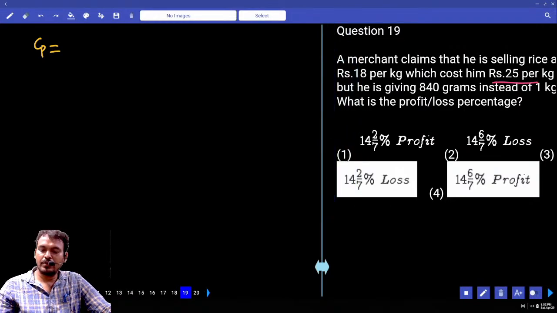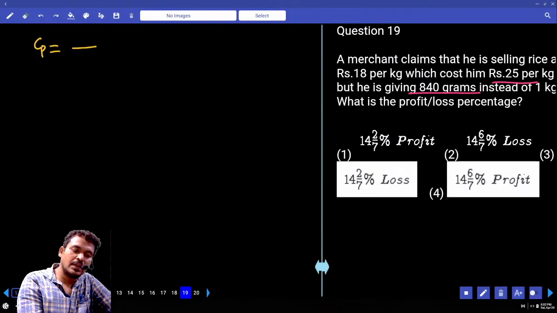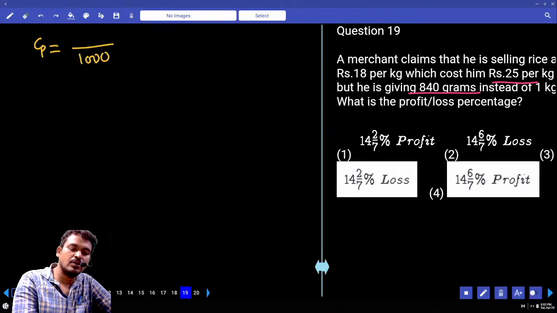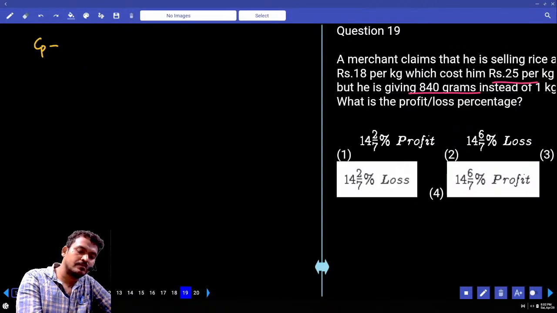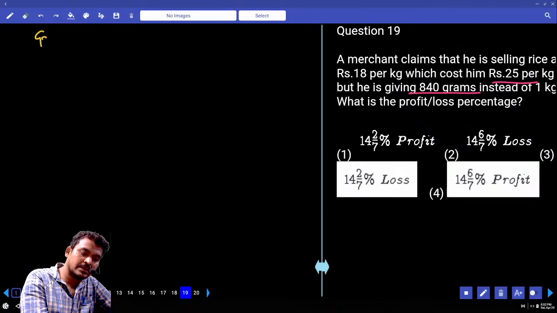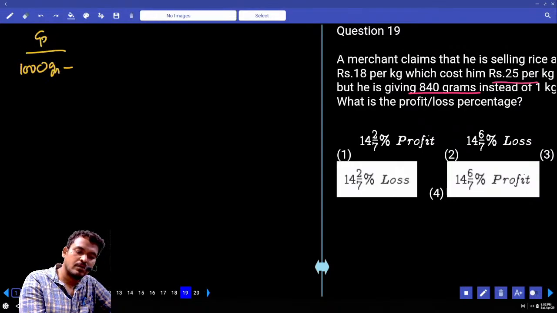But he is giving 840 grams. The cost price of 1000 grams is 25 rupees.